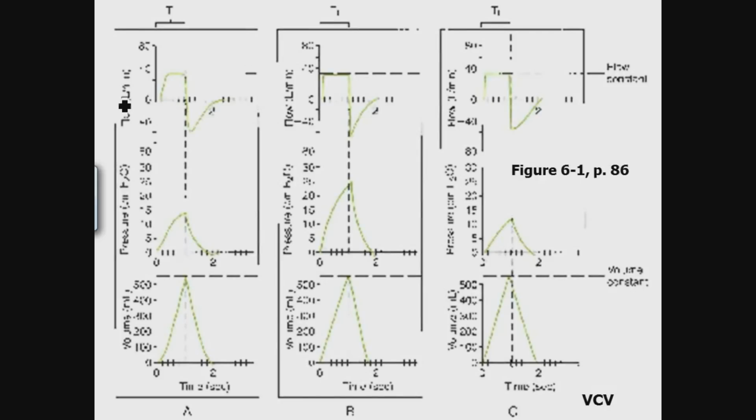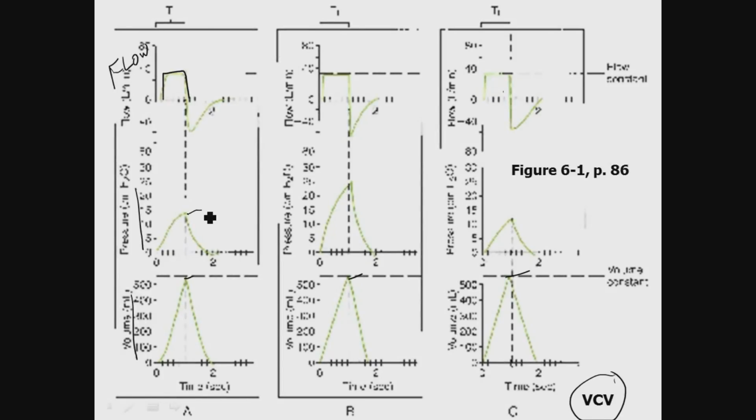Let me see if I can make sense of this. Here's a square wave. This is flow, this is pressure, and this is volume. This is a volume-based breath. I'm fixing the volume. Every breath is exactly the same: same tidal volume, same flow rate.